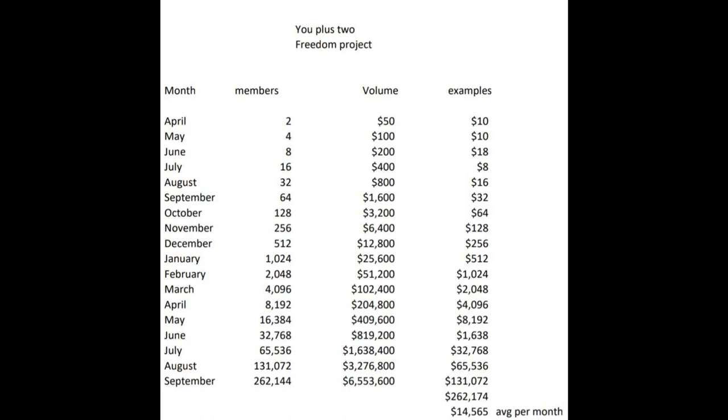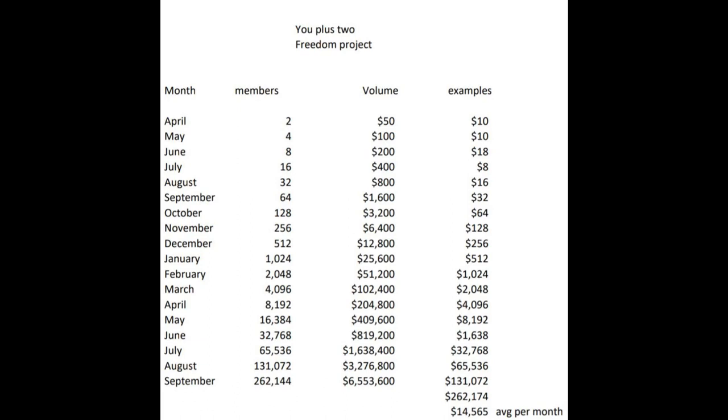Now that number was 256. If you are at 25 CV, the computer will multiply that number, 256, times 8, and that is going to be your check. That's about $2,000 a month on that one level. If you are at 50 CV, the computer is going to take that same number, 256, but multiply it by 16, which means your check would be a little over $4,000 a month.